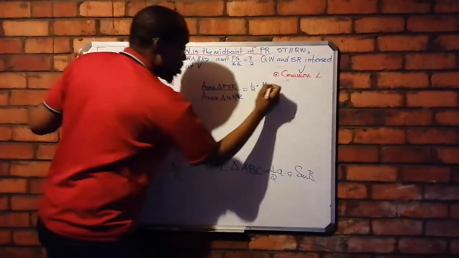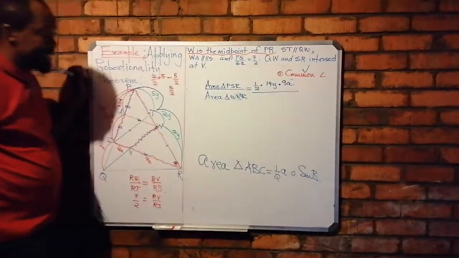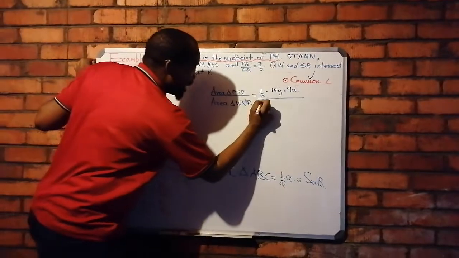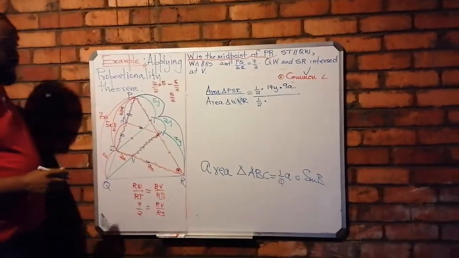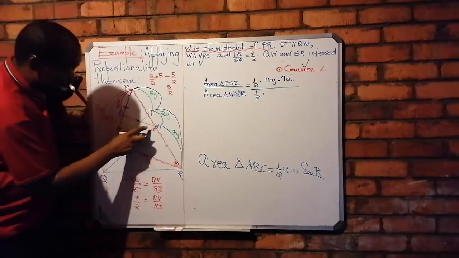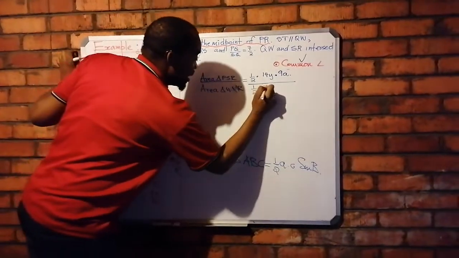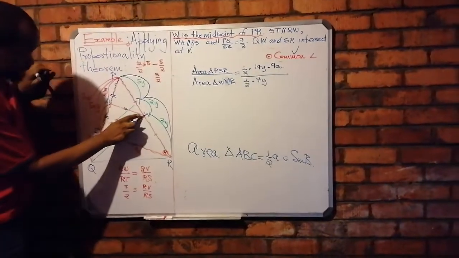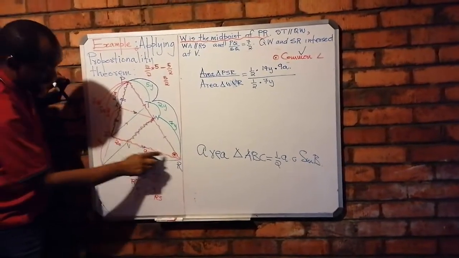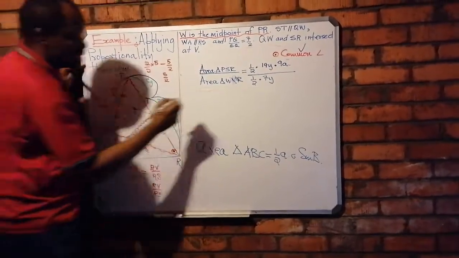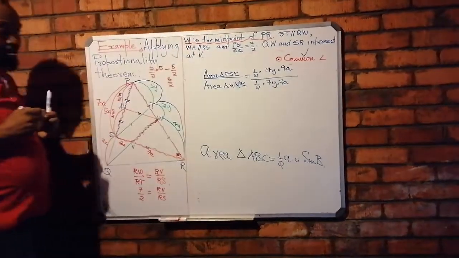Multiplied by 9A, divided by half multiplied by, in triangle WVR, it would be 7y, because WR and VR include that. 7y multiplied by 7A.